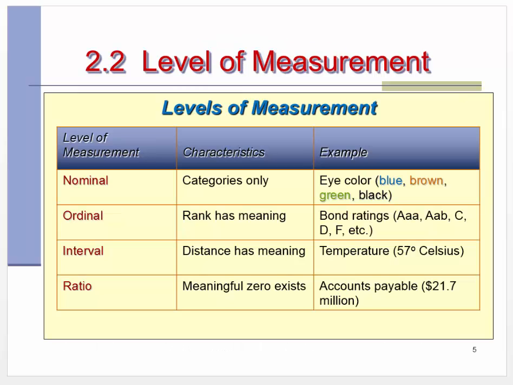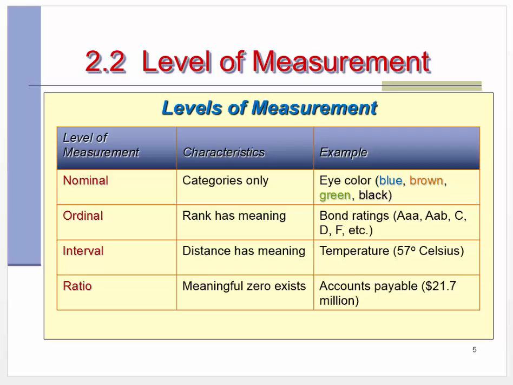Data are usually obtained by some measurement process. How do we measure things? What are the types or levels of measurements? There are 4 levels of measurements. The first level, or the lowest level, is nominal. Nominal measurement deals with categories only, such as when we describe the color of one's eyes as blue, brown, green, or black.